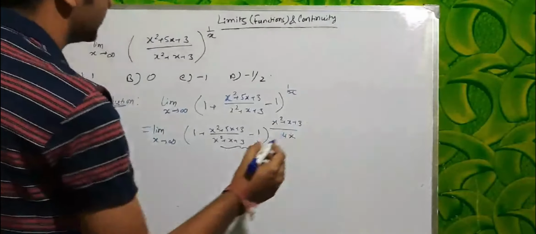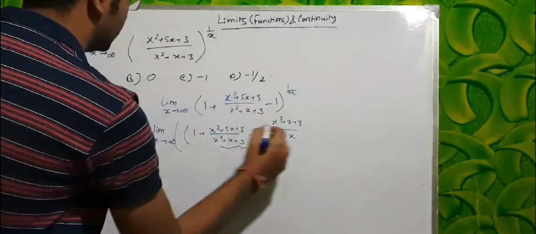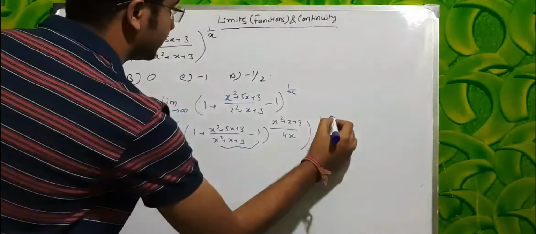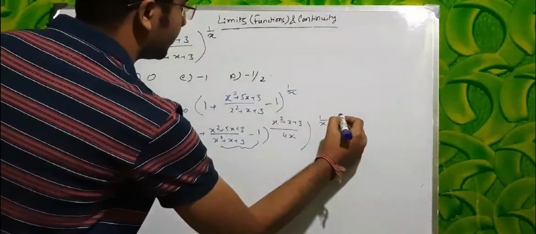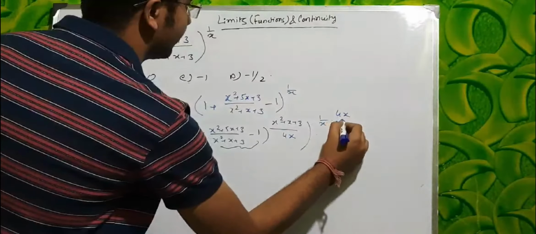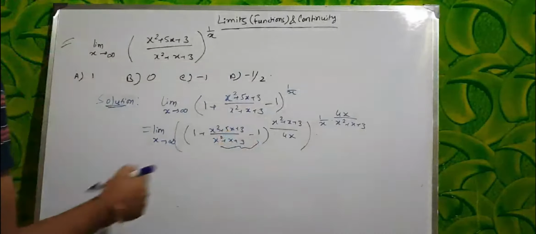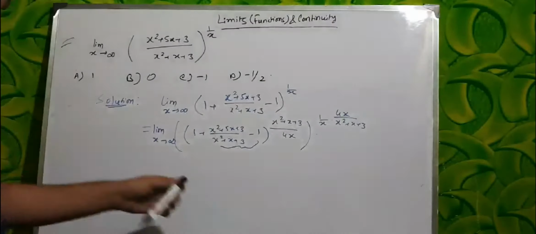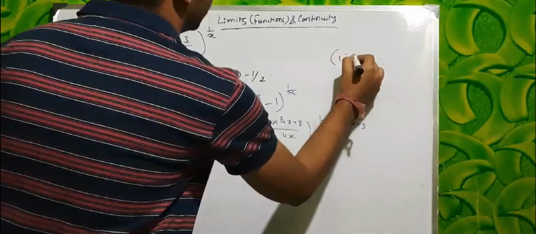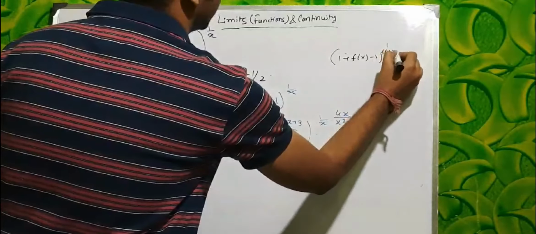So we get a 4x, and since we do this, what makes this simple is that it is written in the form 1 plus (f(x) minus 1), over 1 by f(x) minus 1.